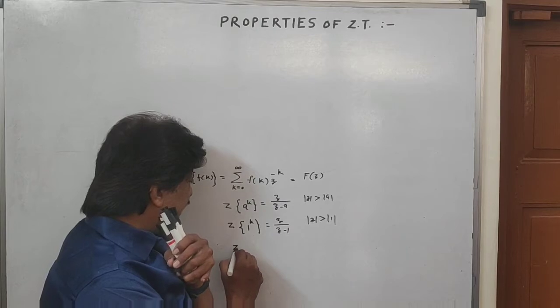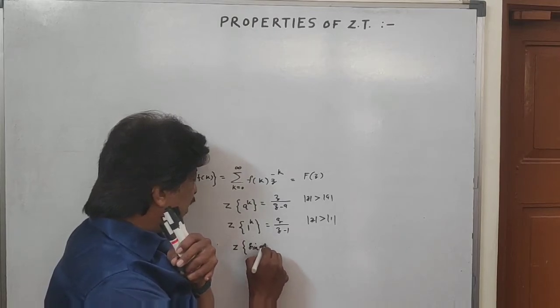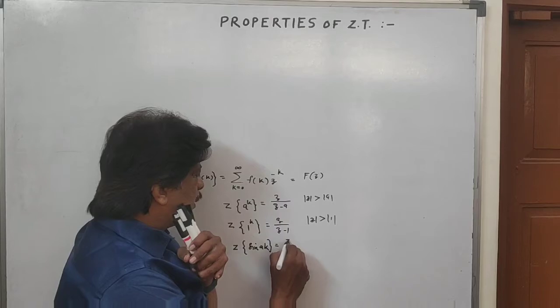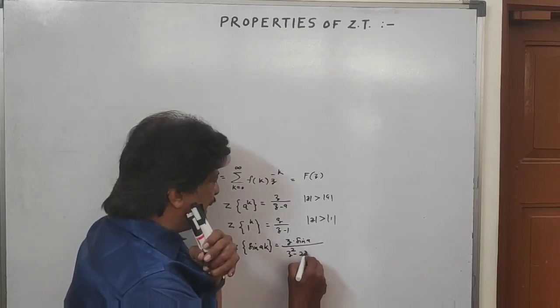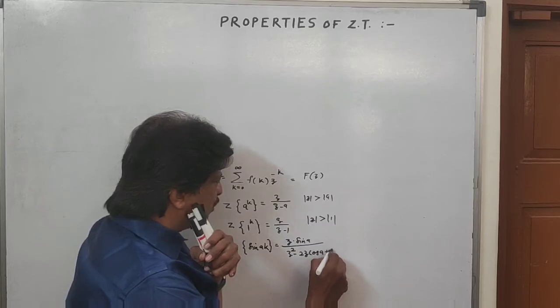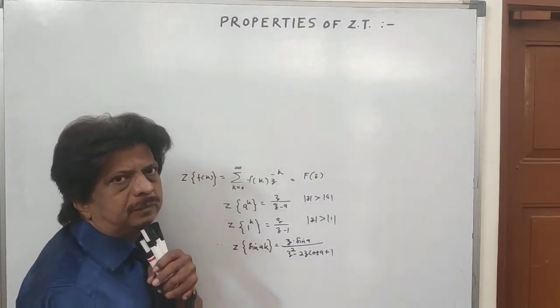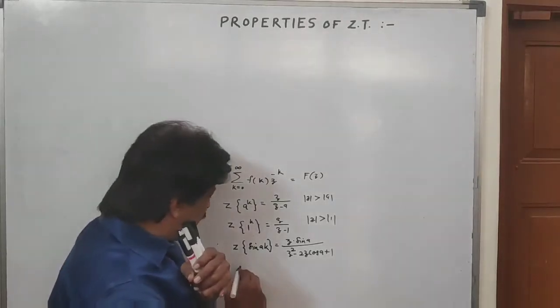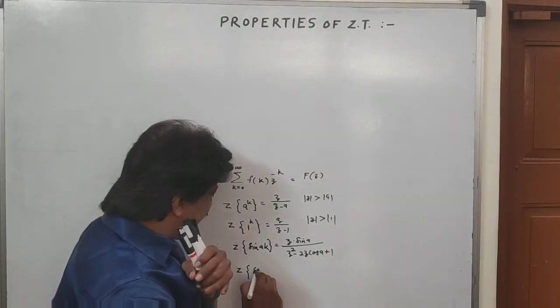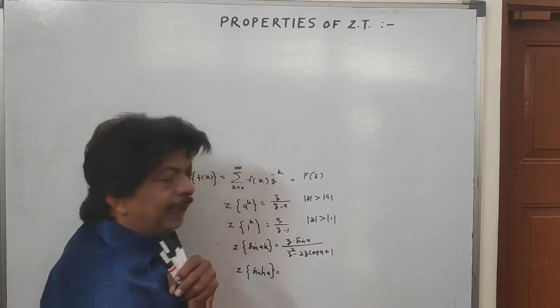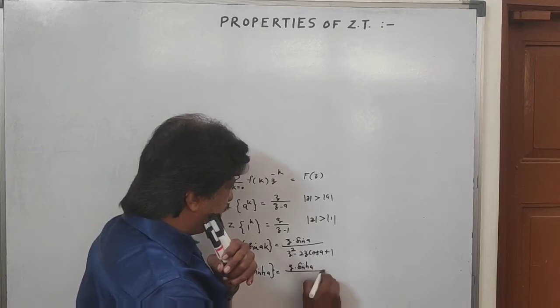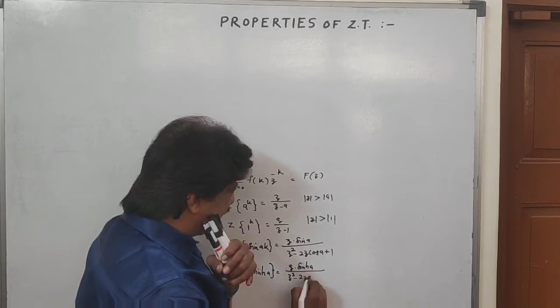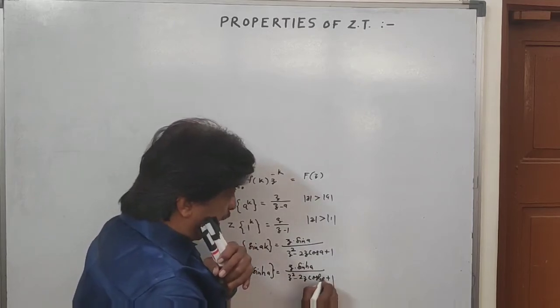Moreover, the Z transform of sine of ak was z into sine of a upon z square minus twice z cos a plus 1. Z transform of sin h of ak is equal to z into sin h of a upon z square minus twice z cos h of a plus 1.